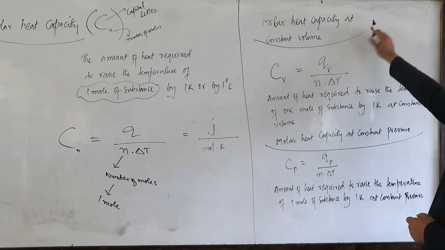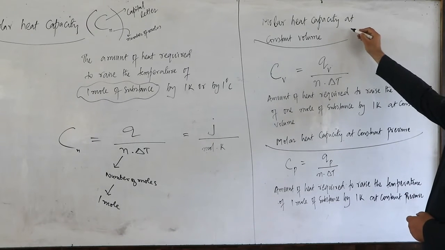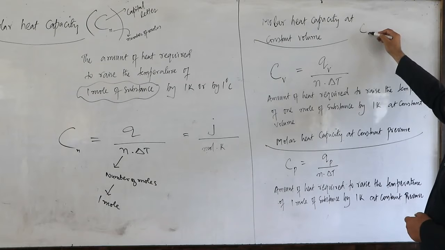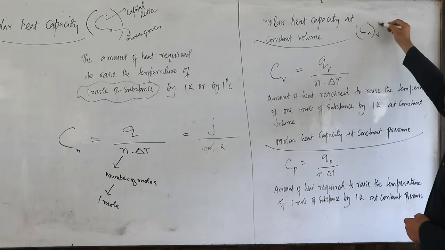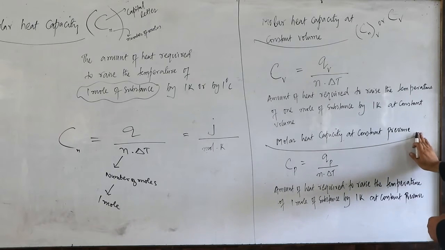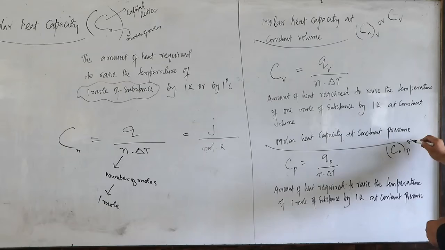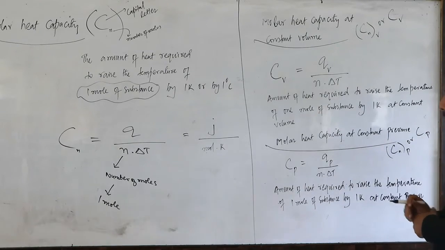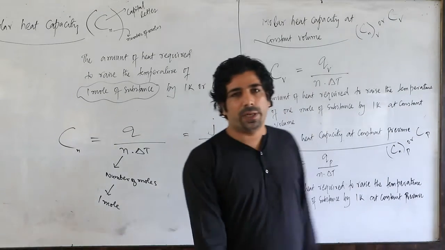You can mention it like this also. The symbol for this, you can mention it as CnV like this, or you can mention directly CV. And here you can mention for this as CnP, or you can directly mention CP. Correct? So my dear friends, I hope you have understood.